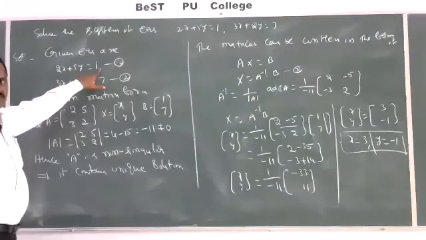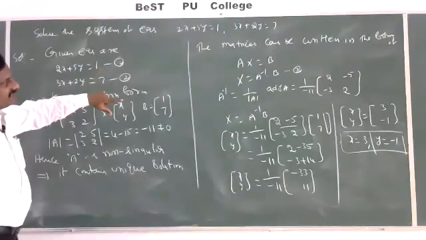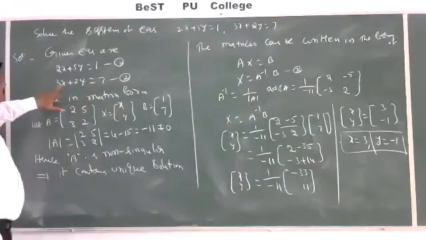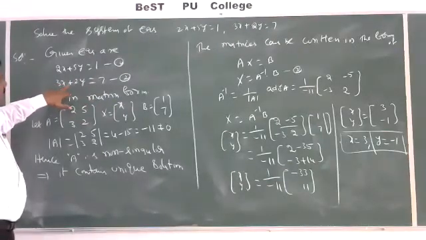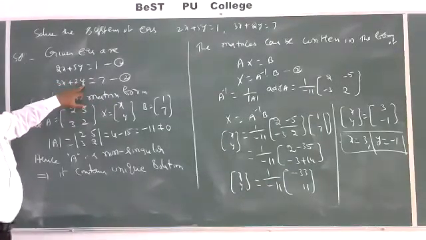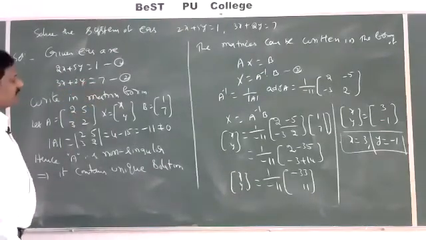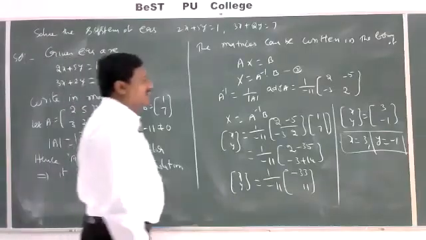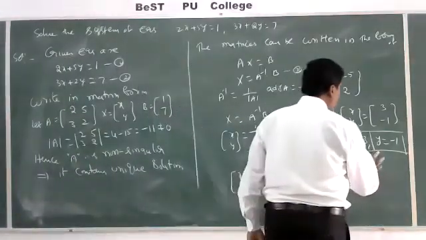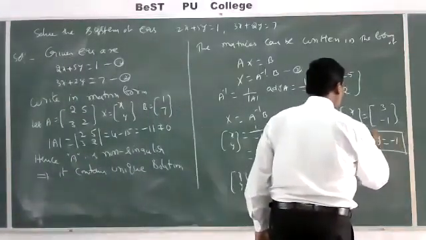First equation satisfies. Next, the second equation: 3 into 3, 9, 2 into minus 1, minus 2, 9 minus 2, 7. 7 equal to 7. So x equal to 3 and y equal to minus 1.